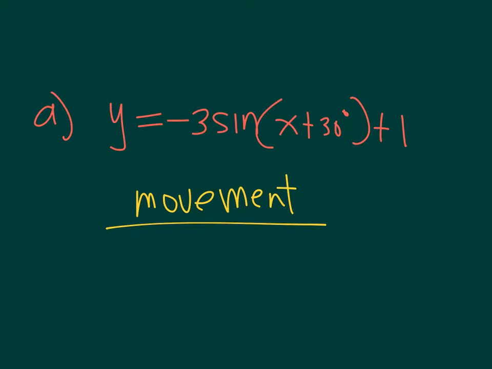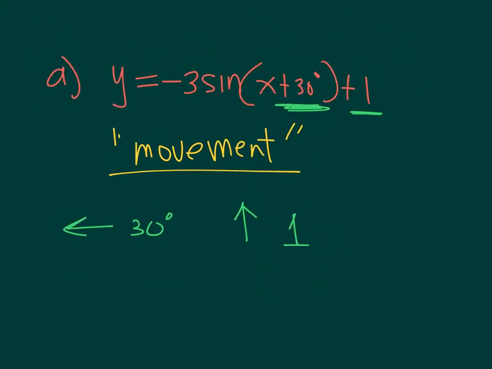And the movement is determined by this number and this number. Okay, what did you learn in school? How will this number affect it? Move left 30 degrees. Left by 30 degrees? Okay, and then the plus 1 will be up by 1. Okay, very good. So this will be the movement.